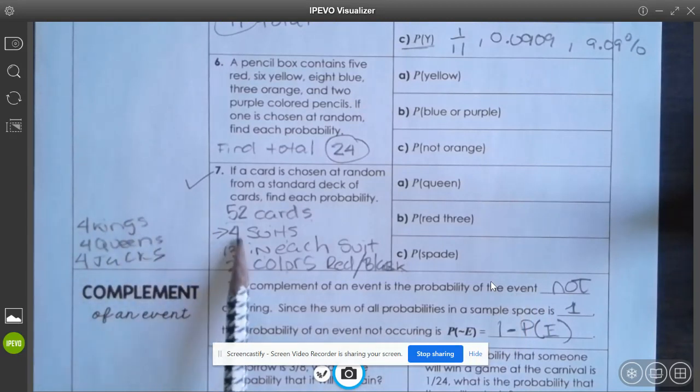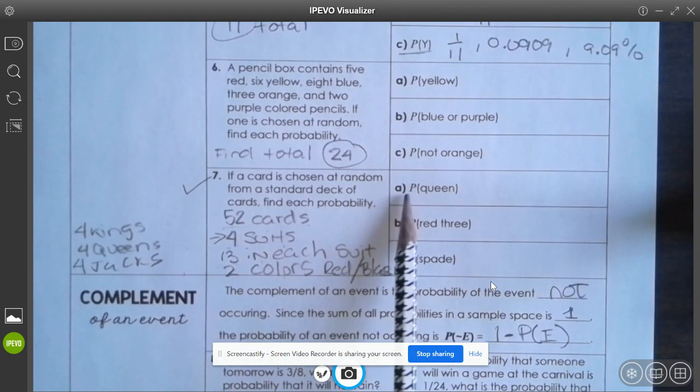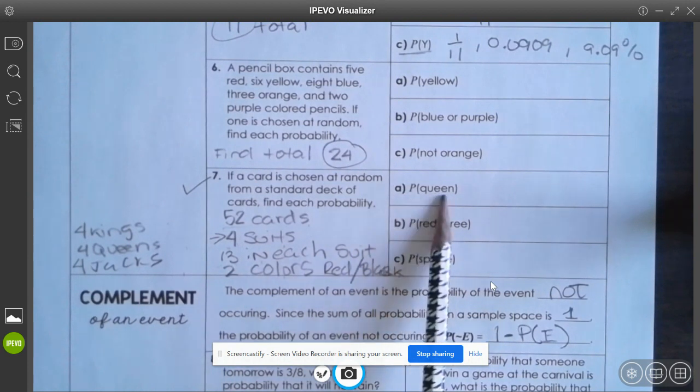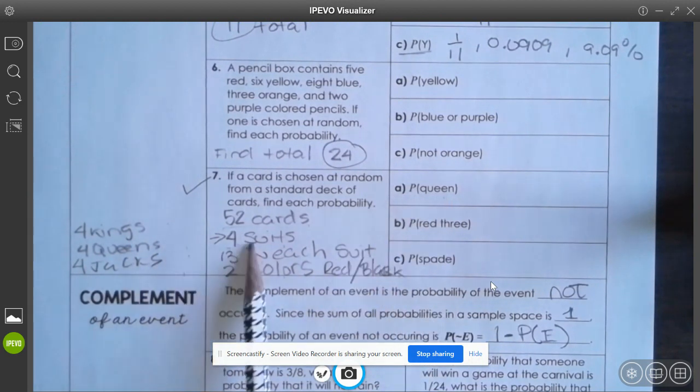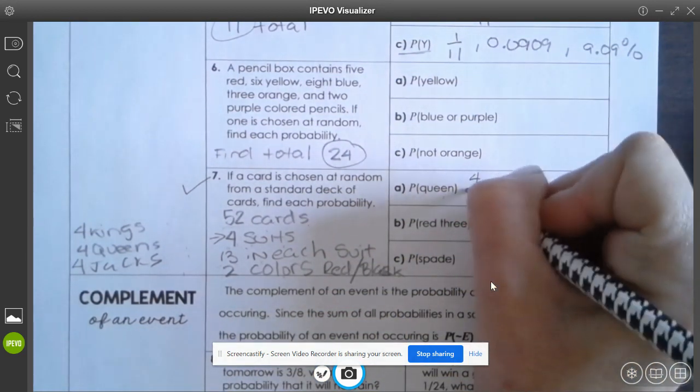So if there are 4 suits, then there are 4 kings, 4 queens, 4 jacks, and 4 aces, right? What is the probability that I get a queen? We have 4 queens, because there are 4 suits, so we get 4 over 52.